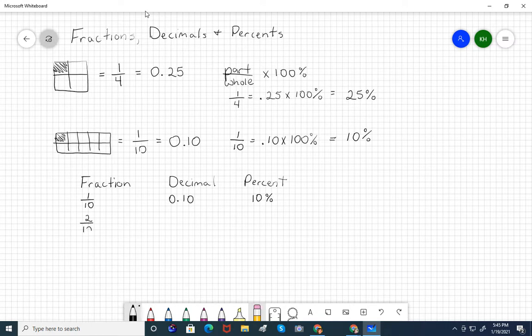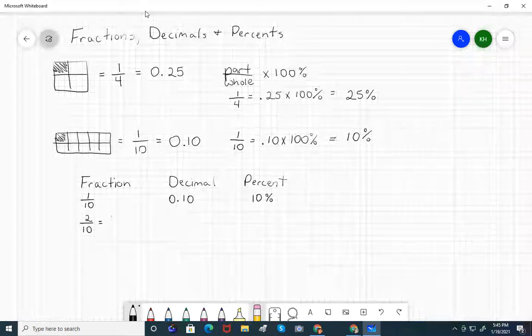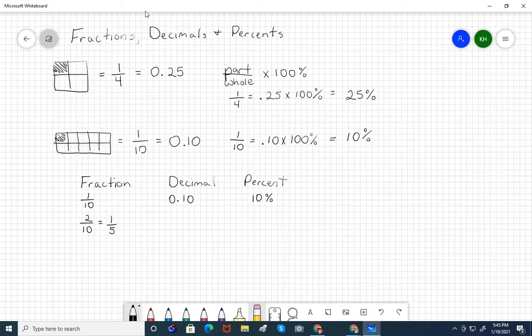2/10, which happens to be exactly equal to 1/5, is twice as big. 2/10 is 0.20 or 20%. Notice 1/5 is 20%.